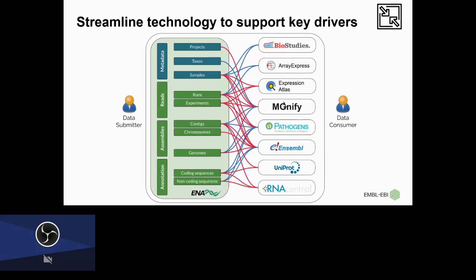As you can see, it's a pretty complicated set of connections between all these different data sources. The red represents those data sources reading from ENA, and the blue represents those data sources submitting data back to ENA, and users can find information from ENA to these data sources, as well as from these data sources connect to ENA.